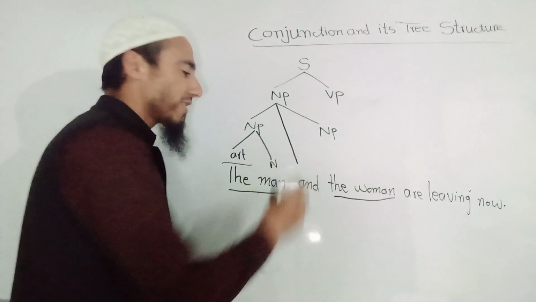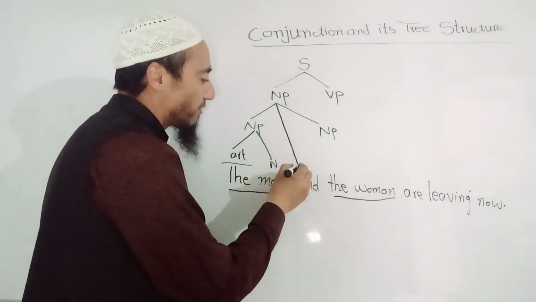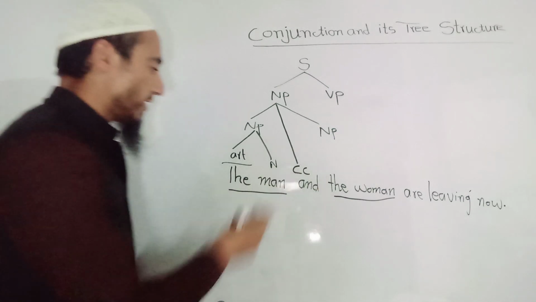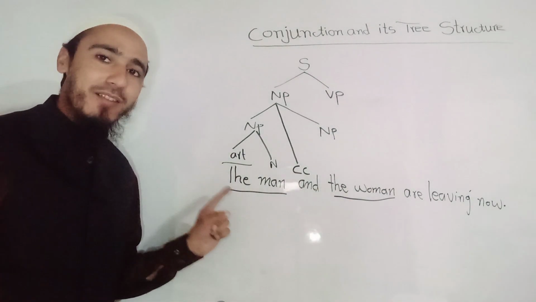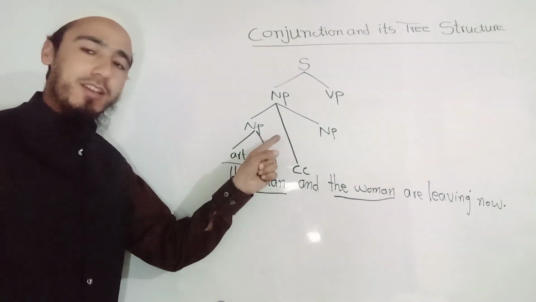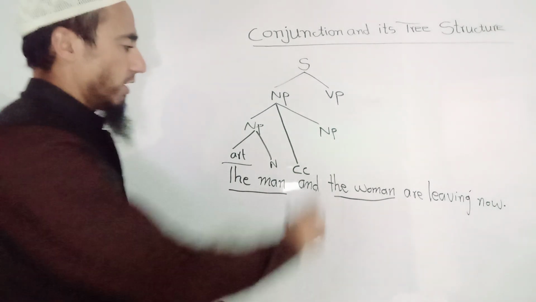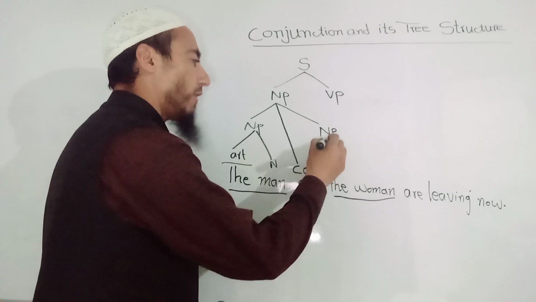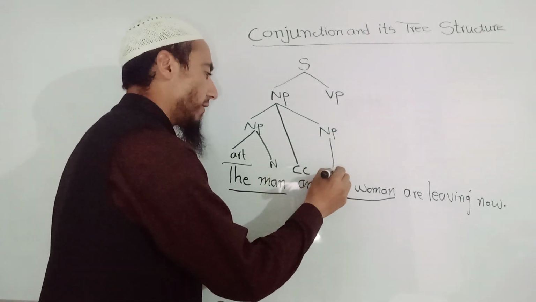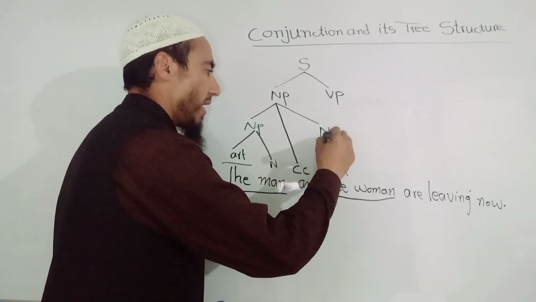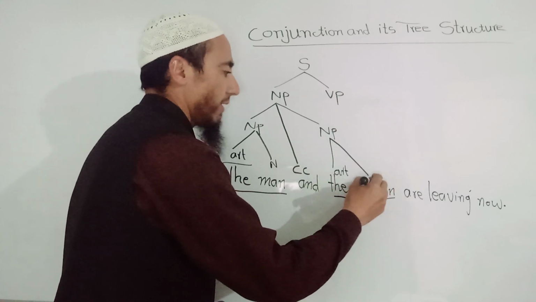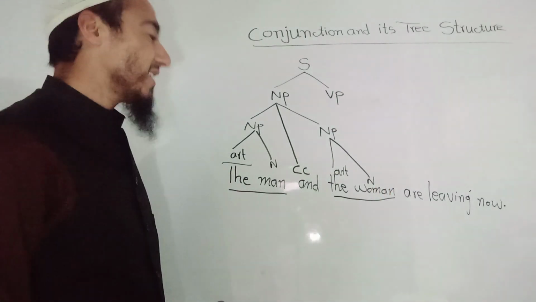It does not have its own head, so we are only writing CC for it. As you know, article does not have its own head. Same is the case with coordinative conjunction. Now, in the second NP we have the woman. So we have article and we also have woman, that is N, which means noun.